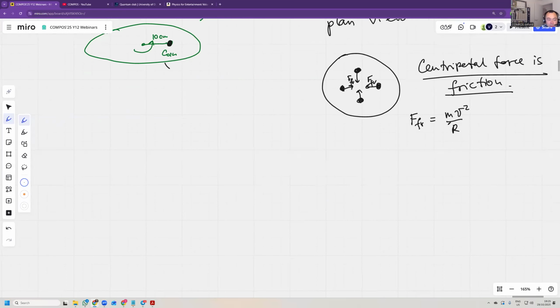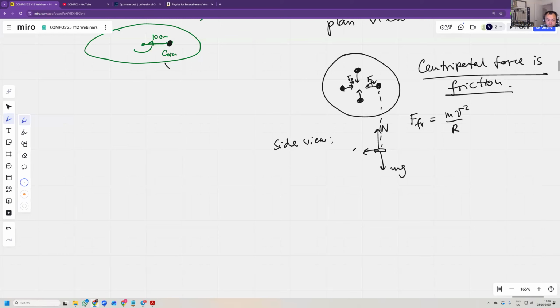And then we look at the coin. Let's look at the coin in this position. Here's the coin. There's a gravitational force acting downwards. We're now looking from the side view. There's a gravitational force on the coin, a normal reaction force, and a friction force. The coin is trying to fly off the book, and there's a frictional force pushing it towards the center.